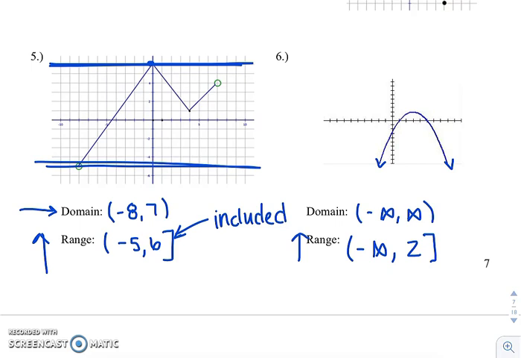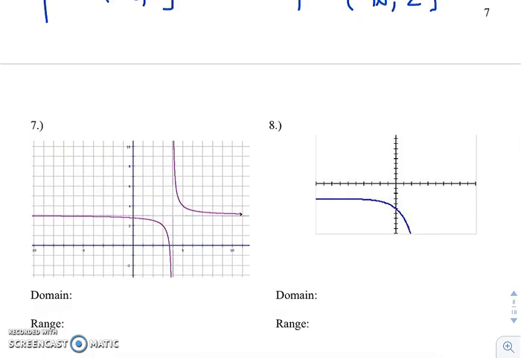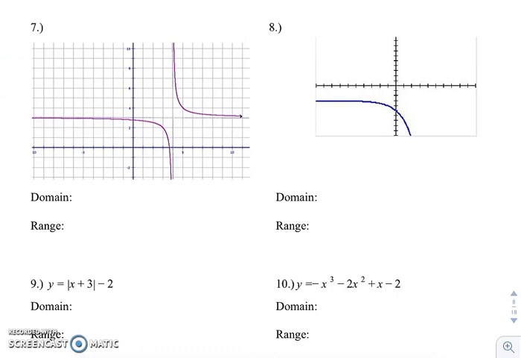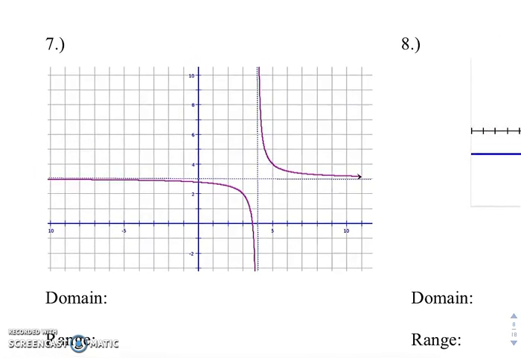So let's look at 2 more. 7 and 8. Now we'll look at these 2 functions in the next 2 chapters, but what we have here for number 7 is a rational function, and it's actually made up of 2 branches. So these 2 branches are kind of separated by asymptotes that cut through the center of them, and you can kind of see the dashed line if I zoom in a little bit there.